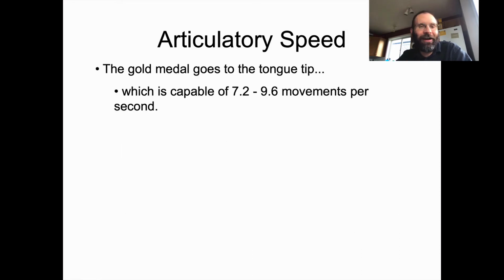Oh, right, I have this little slide about articulatory speed. This is also related to phonology. The fastest articulator is the tongue tip, which can exhibit 7 to 9.5 movements per second if you really get it going.